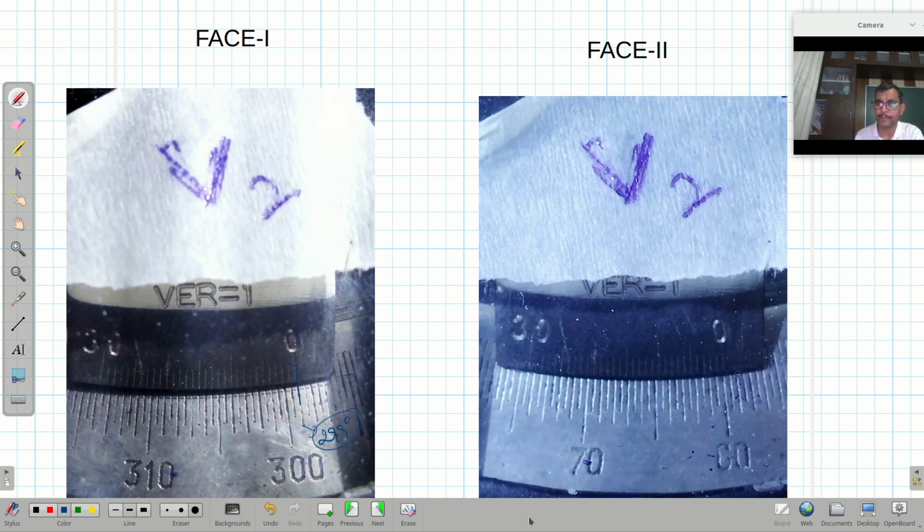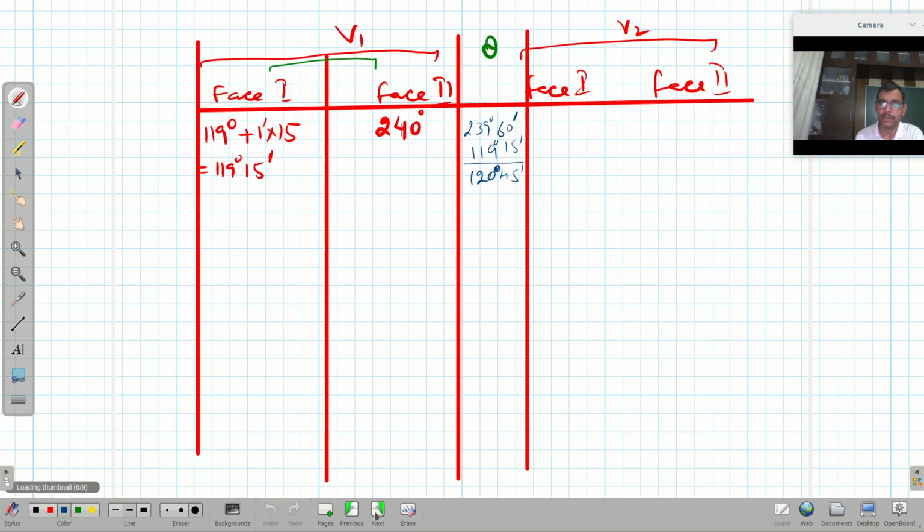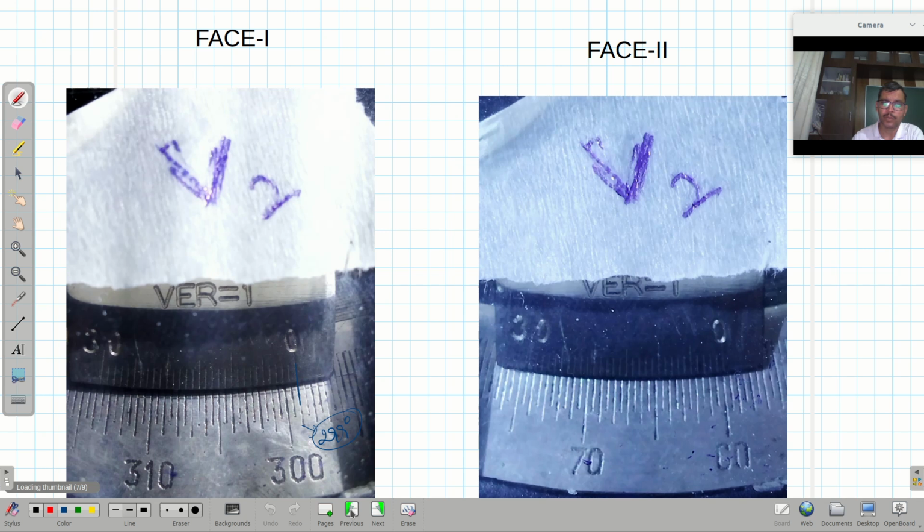Let me go to the next page. So the value is 299 degree, and let me again go back. Let us look at this value, which is a little bit smaller.